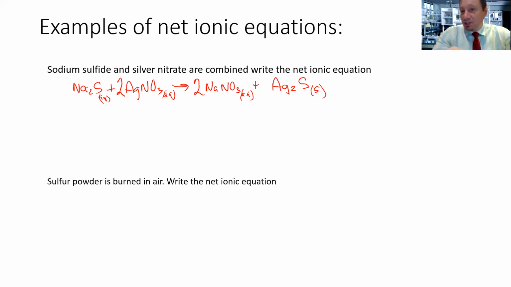I could break this up. It's not asking me to, so I'm not going to take the time to do that. But I am only interested in the net ionic equation. So I know I have to have what is producing that silver sulfide.